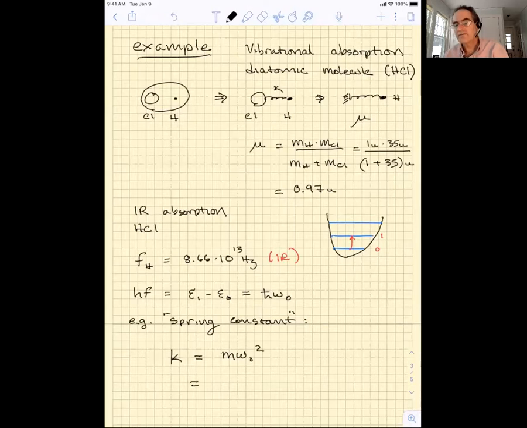Now you can put in numbers and find this value, because m is 0.97 times the atomic mass unit, about 1.66 times 10 to the minus 27 kilograms, and omega is 2 pi times the frequency that we just mentioned, 8.66 times 10 to the 13, and then squared. Evaluating this gives 477 newtons per meter.